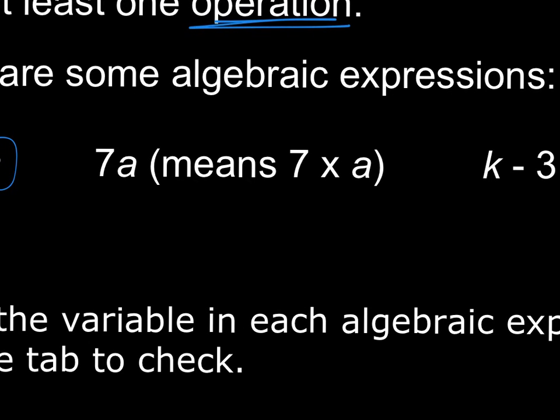Looking at the second one, we have 7a. Now 7a, you have to understand, really means 7 times a, but we simply write it as 7a. So here is my number, there is my variable, and my operation symbol is going to sit in the middle as multiplication. But again, we simply write it as 7a.